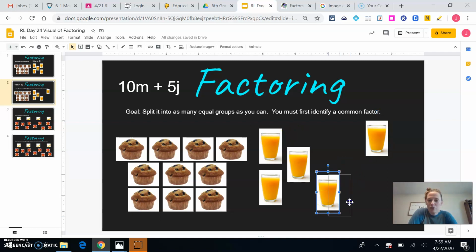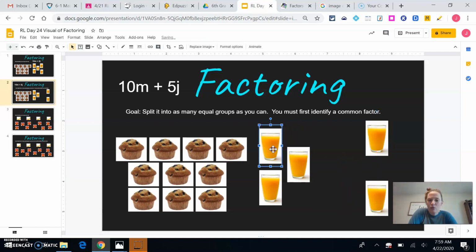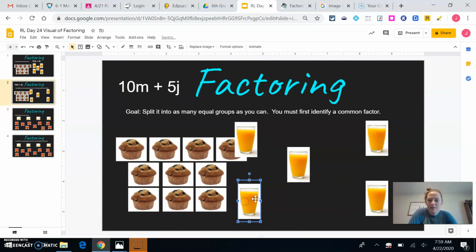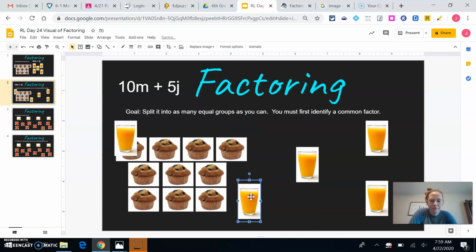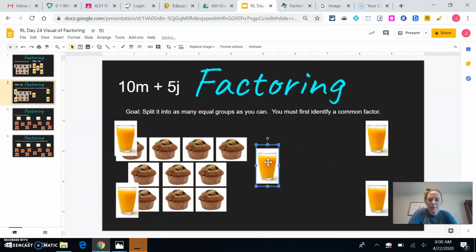I'm going to spread these out and try to utilize my space as much as possible. So here I have 5 groups. I'm actually going to spread it way out. Here are my 5 groups of juice, okay? I'm now going to take my muffins and pass those out.